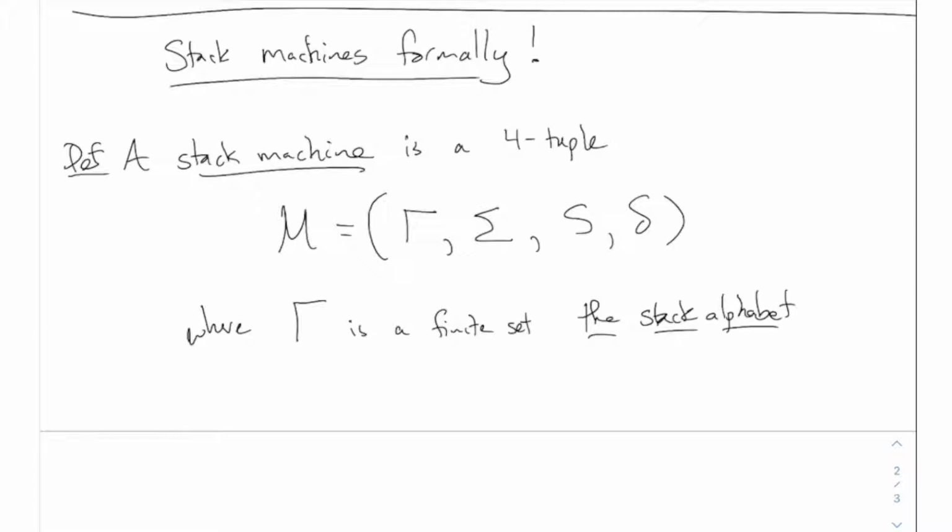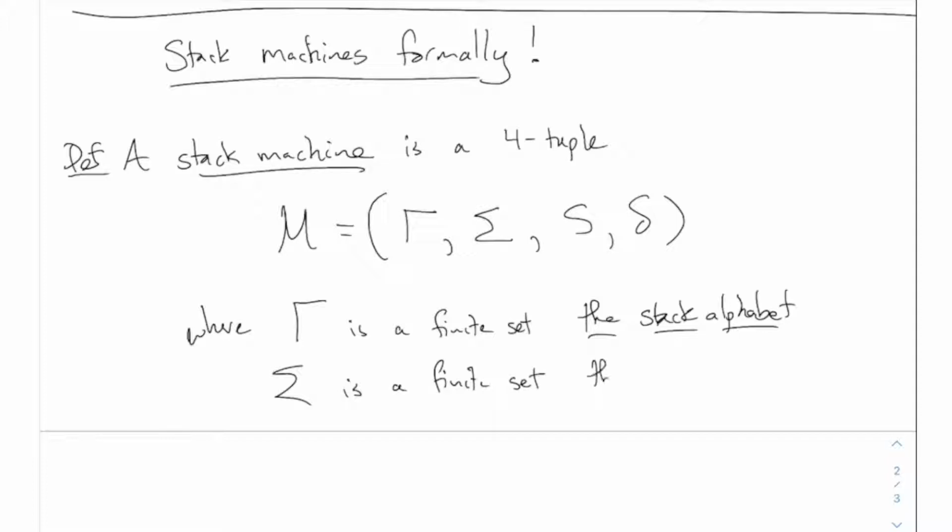Usually for the stack alphabet, we use big letters, big S, big X, Y. Those are the examples we did last time. In the example we just did, we also used the little a and the little b. But generally speaking, the stack alphabet will be different from the alphabet of the language, right? So this is the stack alphabet. Sigma is another finite set, which is the alphabet of strings that you use.